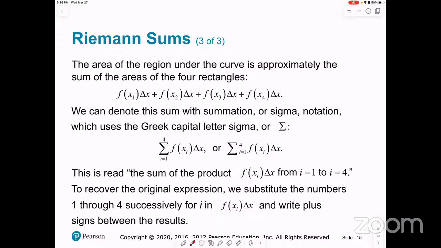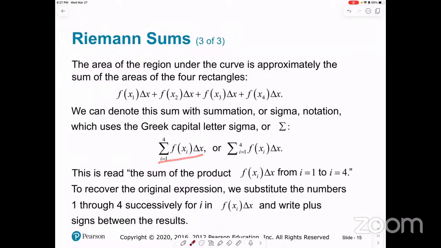Then summation just means plus. You let i be 1, you get an answer. Then you say plus, you let i be 2, you get an answer. Plus, let i be 3, you get an answer. Plus, let i be 4, you get an answer, right? Then you stop.